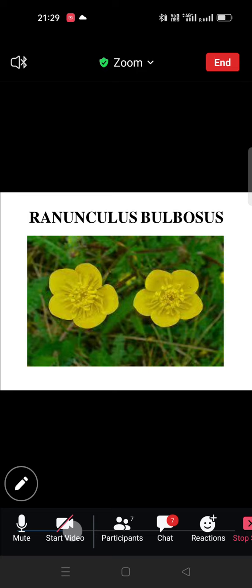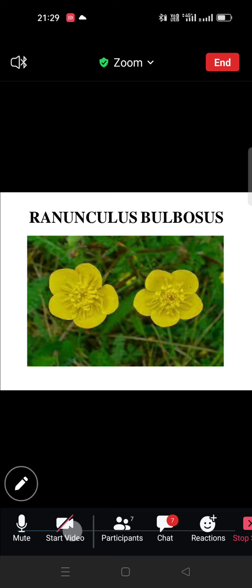Generally, in case of Ranunculus bulbosus, we use the whole fresh plant in the preparation of the medicine, and this medicine belongs to class 1. So how can you remember that it belongs to class 1? Suppose Ranunculus bulbosus comes in the exam and they ask which class this medicine belongs to, your answer will be 1.